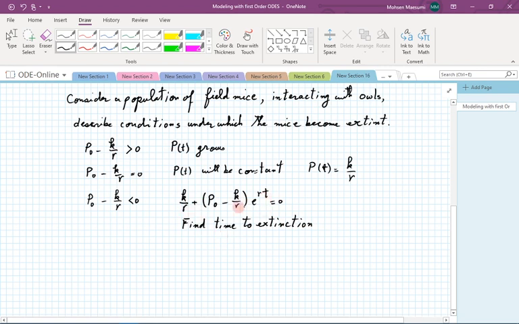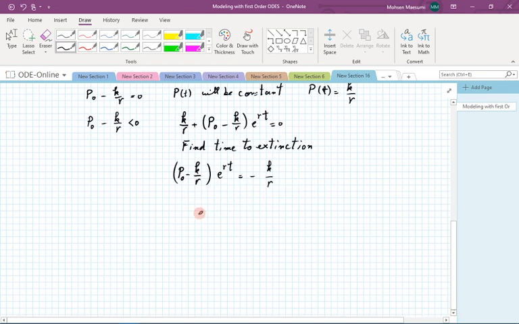It's going to be simple, so I write P0 minus K over R exponential of RT, and I take my number to the other side. Now I divide, so our exponential of RT is going to be minus K over R over P0 minus K over R.